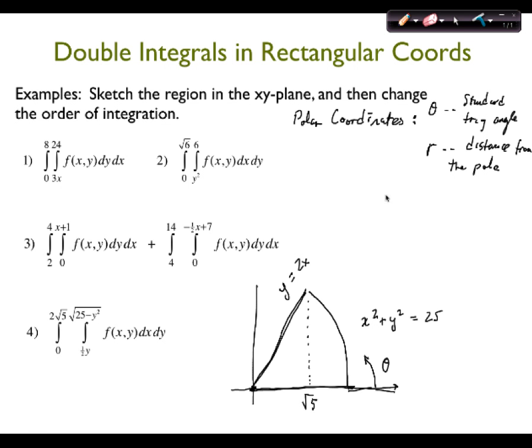Okay, and so let's just review our polar coordinates here. What are the relationships between theta and r, in terms of going back and forth between polar and rectangular coordinates? So what does x equal and what does y equal in polar coordinates? You remember this?